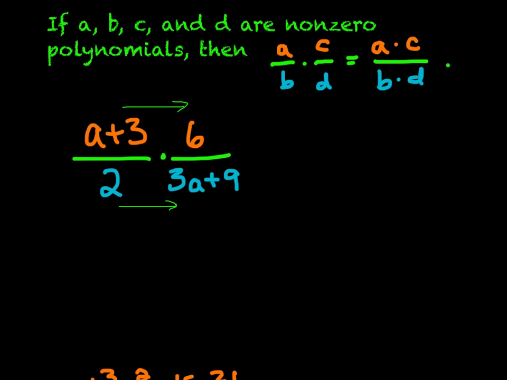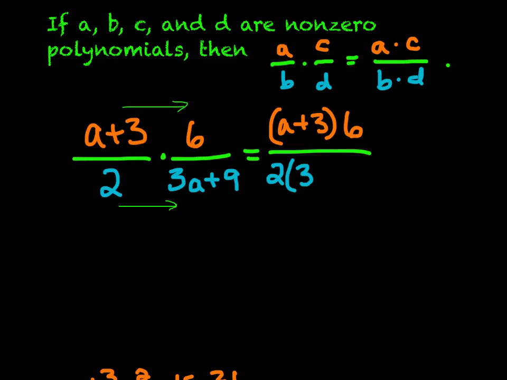So let's get started. We have A plus 3 times 6, and we can write the stuff underneath as 2 times 3A plus 9.